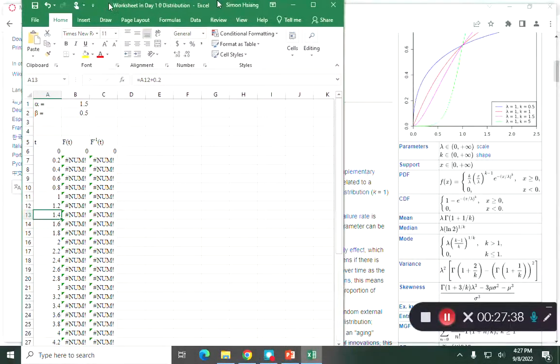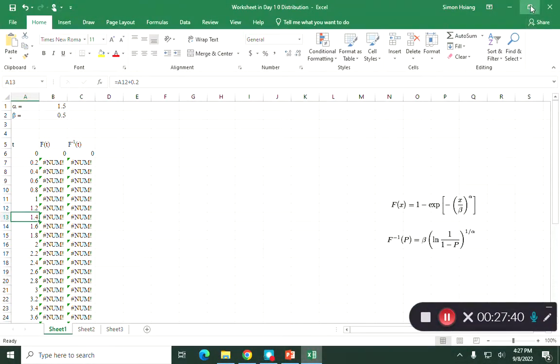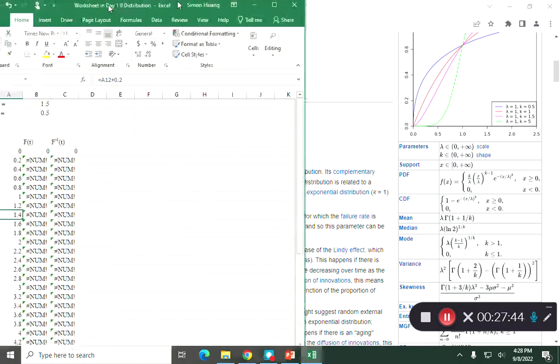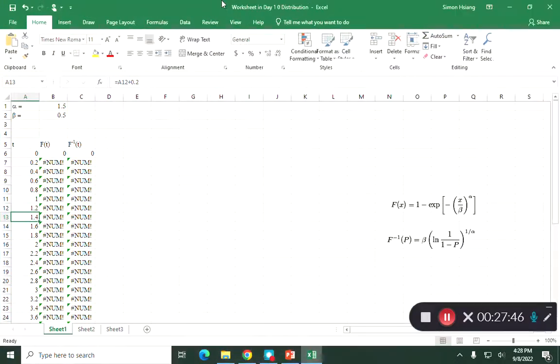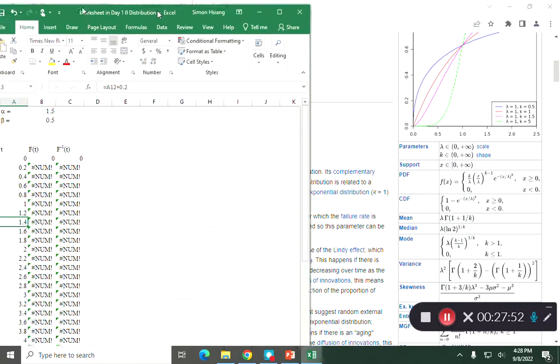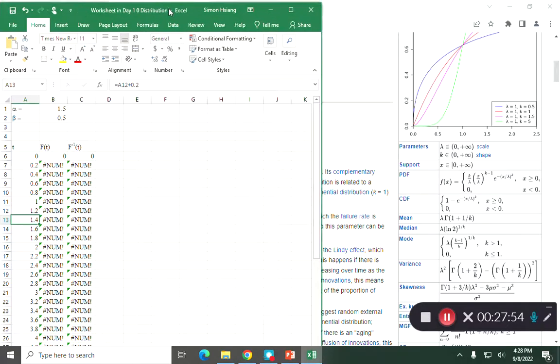Better. Okay, so let's just use his notation. 1 minus.